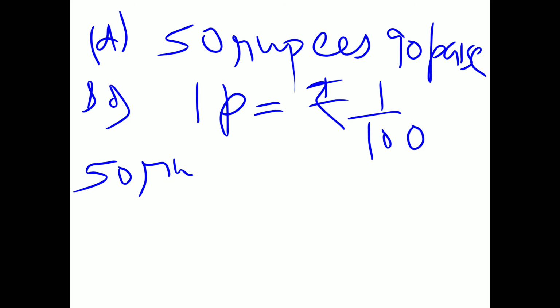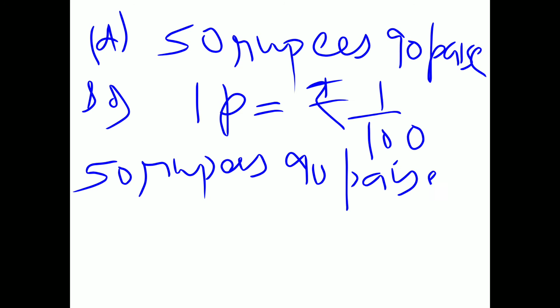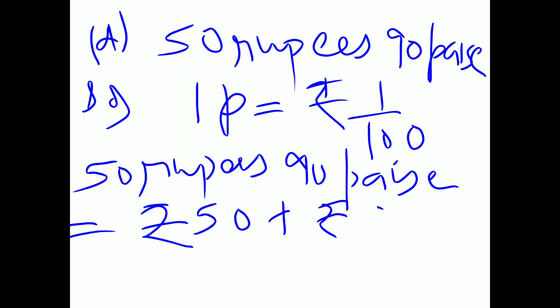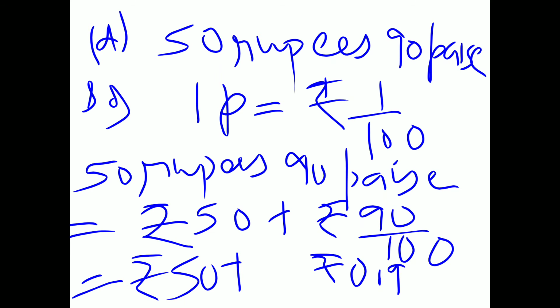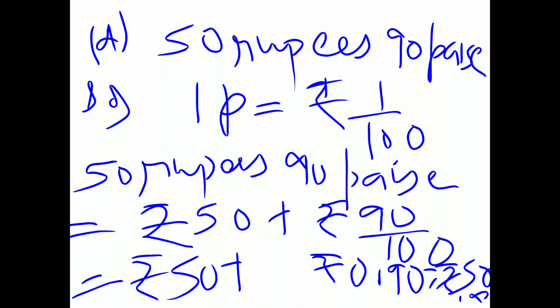We write it as it is. 90 paisa, where there is paisa, we convert it into rupees. So 50 rupees plus 90 paisa, we can write as rupees 50 plus rupees 90 divided by 100. Now two zeros down, so the answer will be rupees 0.90. So the answer is rupees 50.90. Clear?